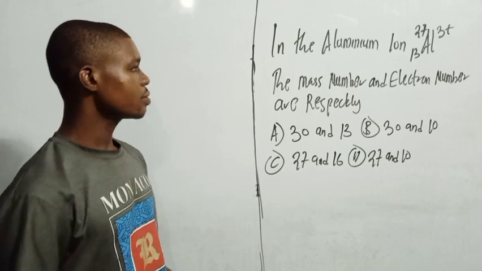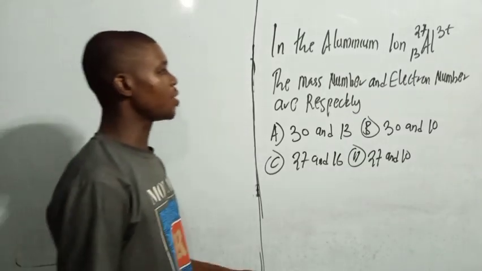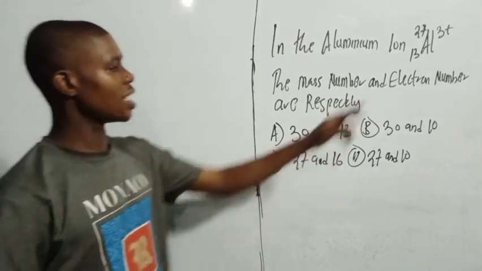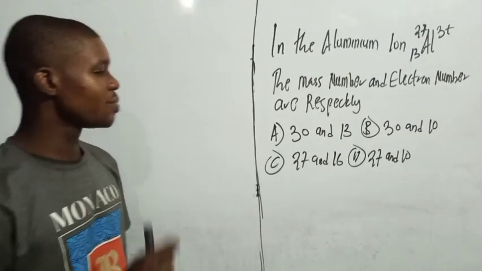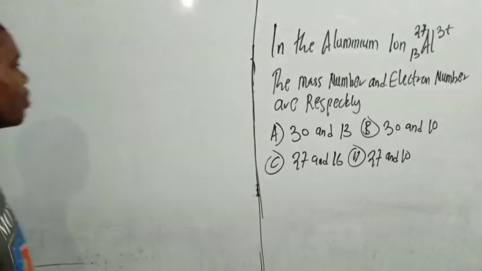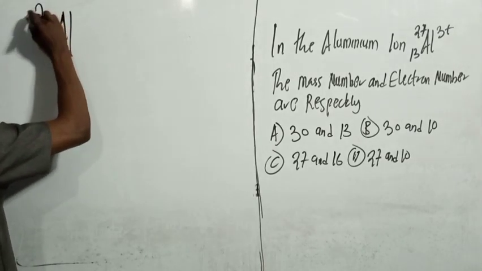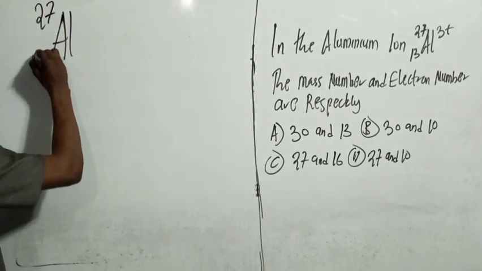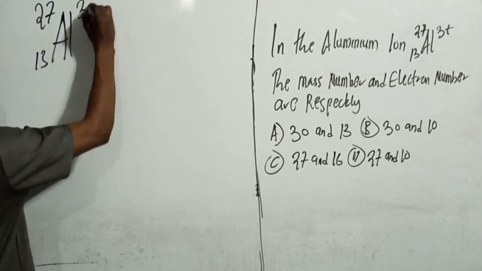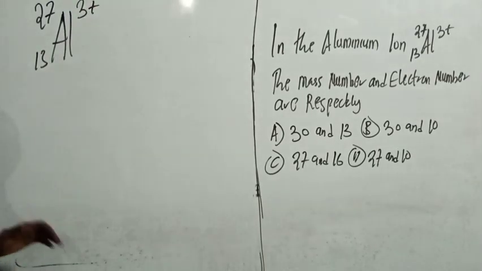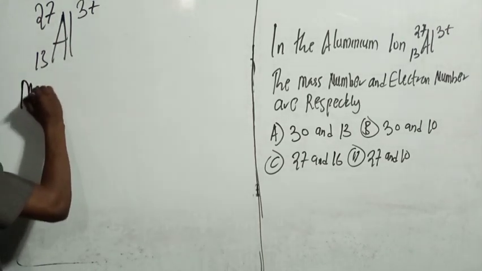Let's go. In the aluminium ion, look at the aluminium ion. Now they ask you what is the mass number and the electron number. So here we have aluminium 27, and 13. Here we have the charge, right? So what is my mass number?